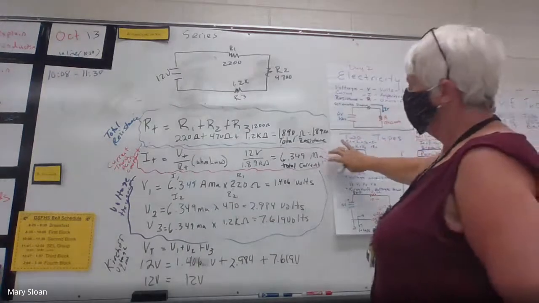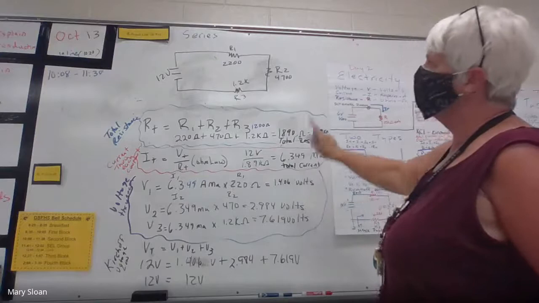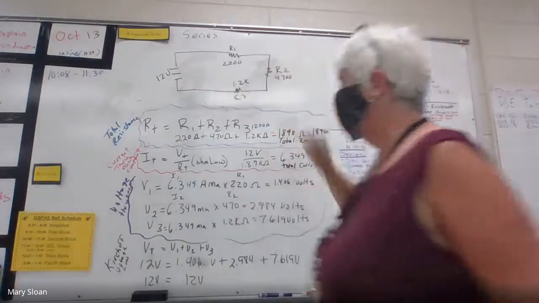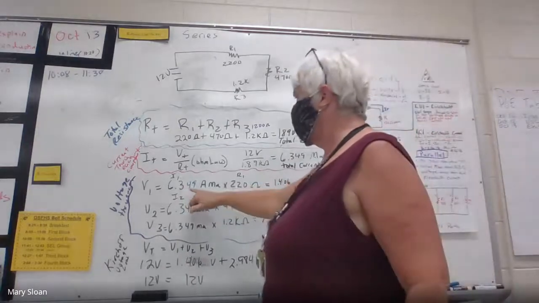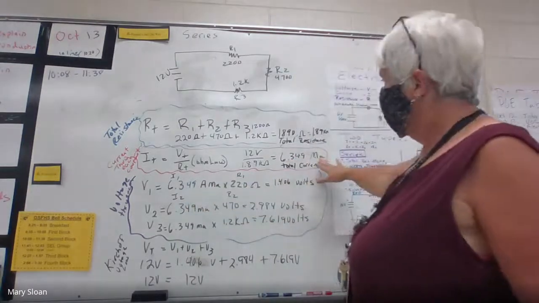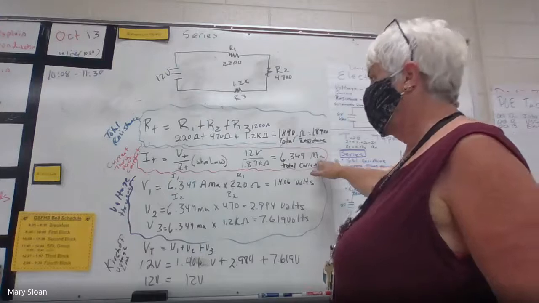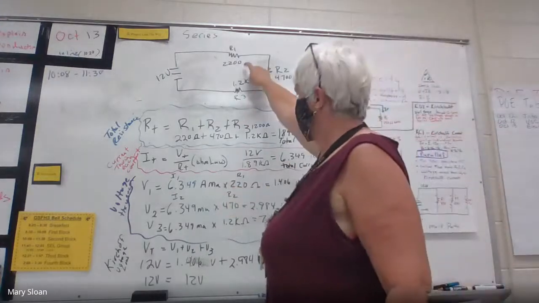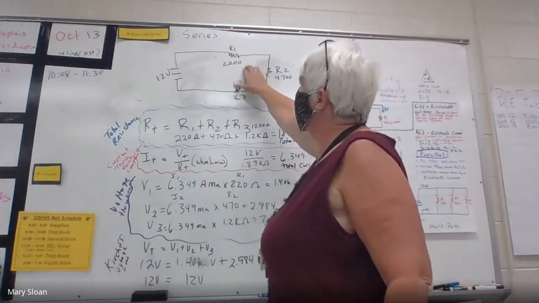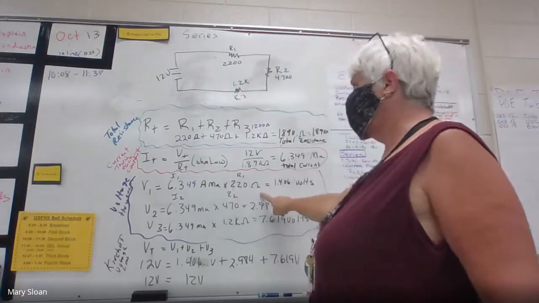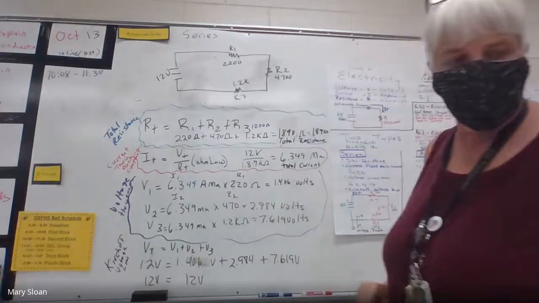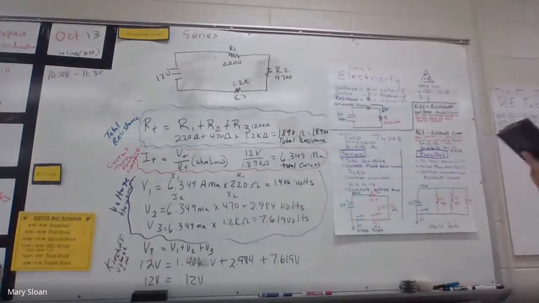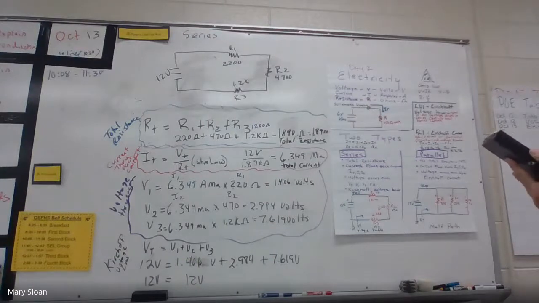So the next thing we have to do is find the voltage that runs through each resistor. So the first one, we are going to take our 6.349, which is our current total, and multiply it by our first resistor. Now, I took it from here and changed it to ohms. So if you would please, ma'am, tell me what you get on your calculator. Jesse?